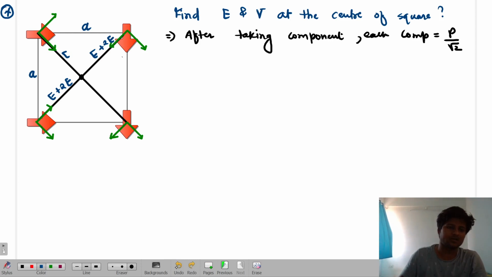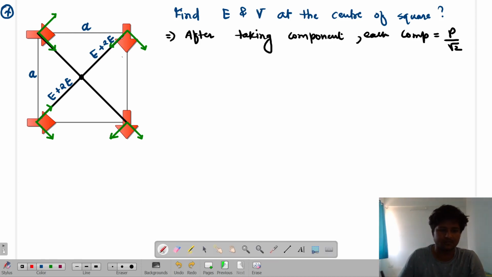Now you see that for these the electric field is E, isn't it? Sorry, wait. Let us write in terms of axial and equatorial. So for this axial, the electric field is twice E, isn't it?